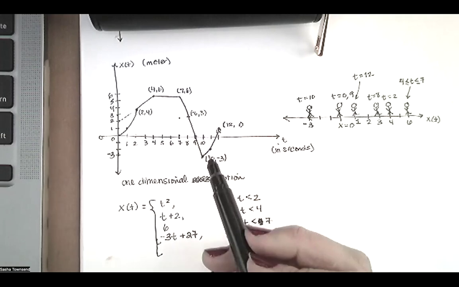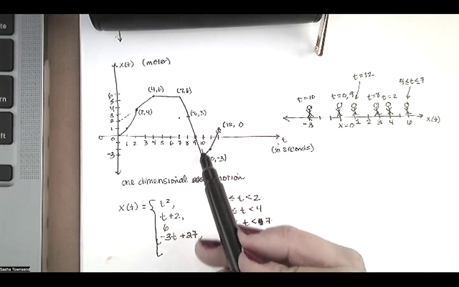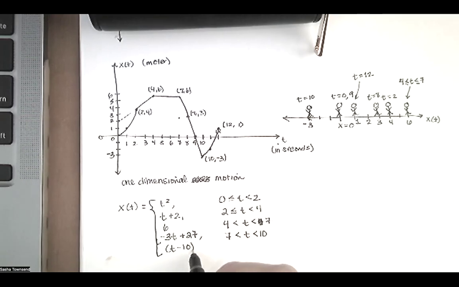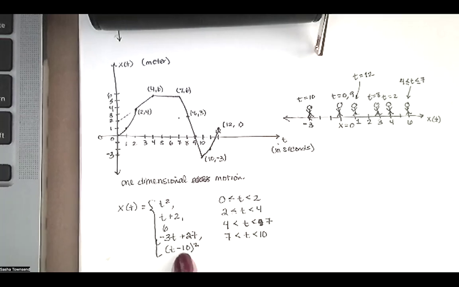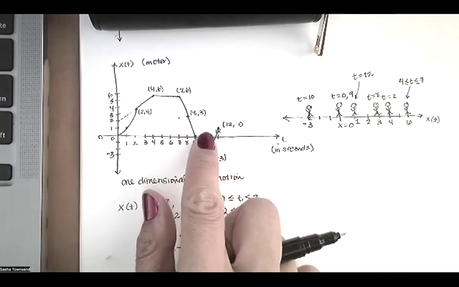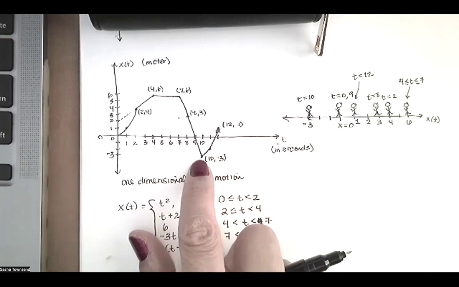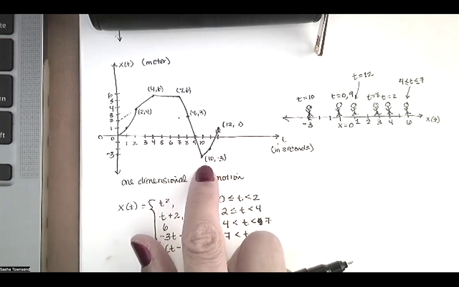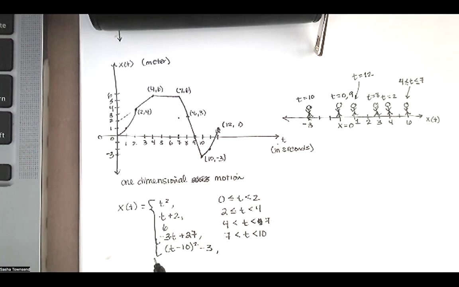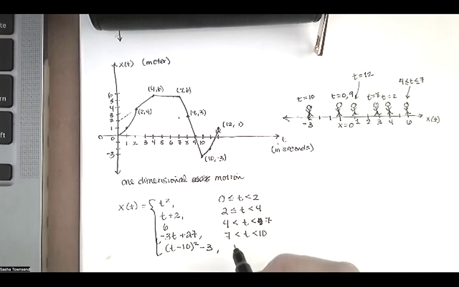The vertex is at (10, -3). So I'm just going to take t and subtract 10. I'll square that. Subtracting the 10 moves that vertex 10 units to the right. And then to move it down in the x direction, I'm going to subtract 3. And that's for t between 10 and 12.